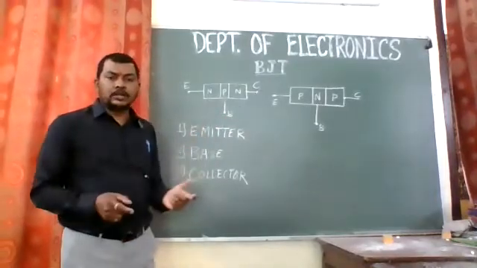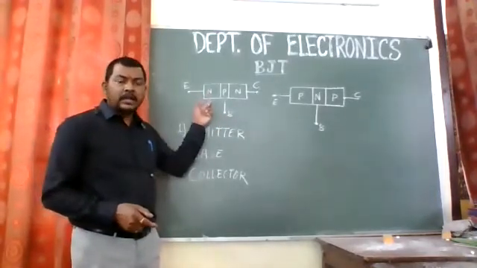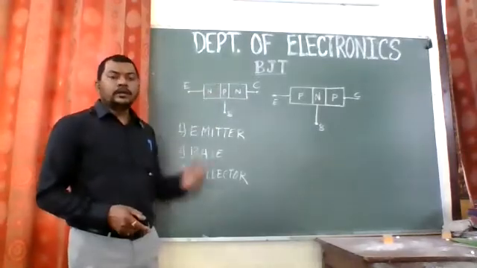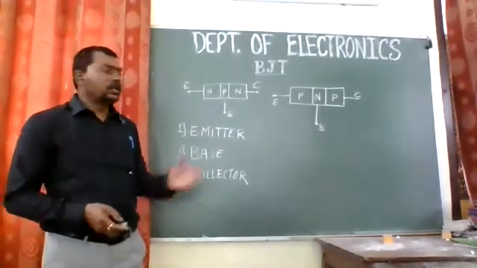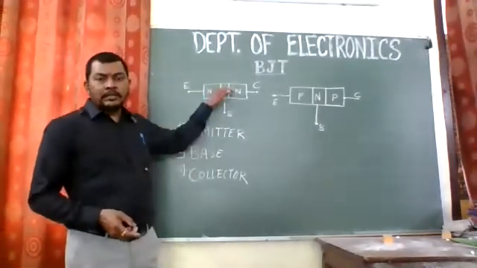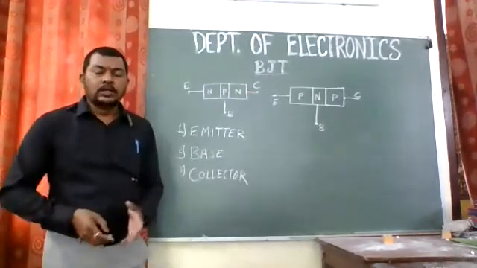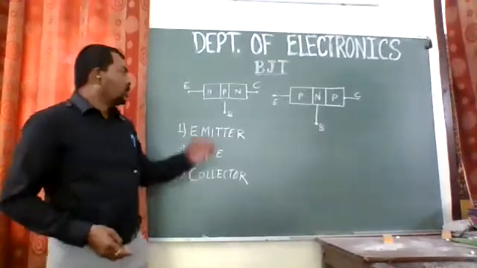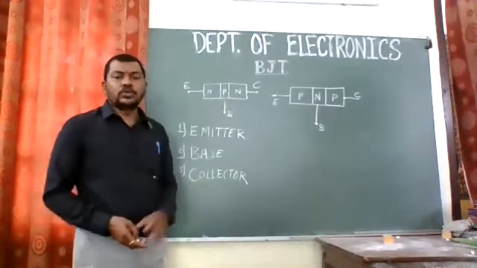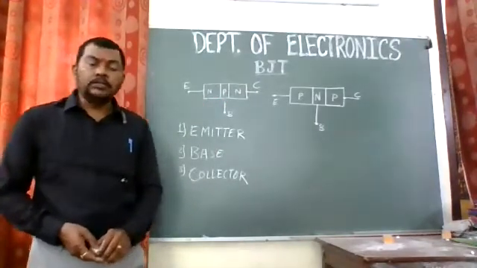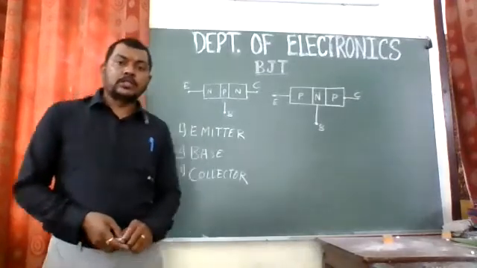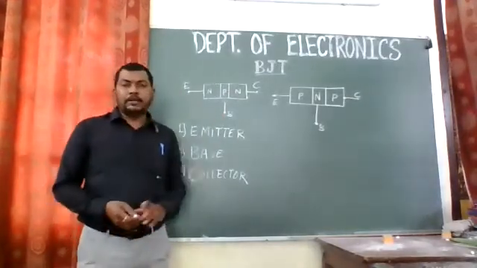It is the largest area as compared to the base and the emitter, and it collects all the charge carriers induced by the emitter into the base. So this was the description of the BJT. We have two types of transistors, NPN and PNP.